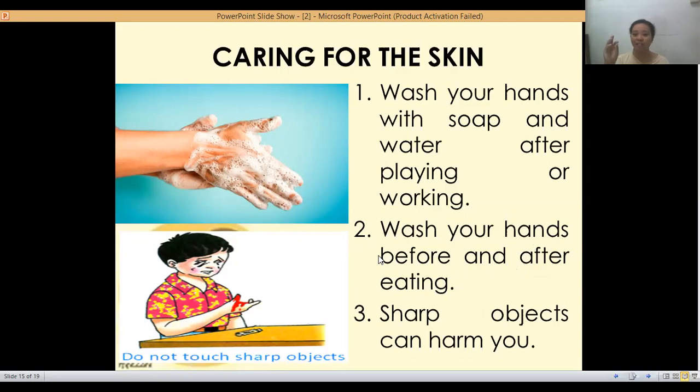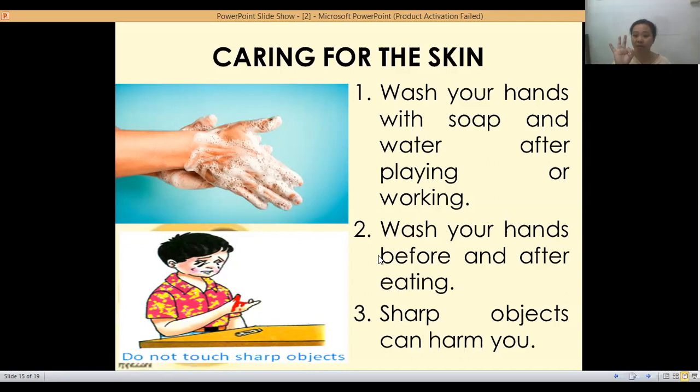Because if your hands are dirty, you touch your food and you eat it, it will go inside your body. So if you wash your hands before eating, it will prevent the spread of germs. Cleanliness helps in protecting you from skin diseases and other infectious diseases.